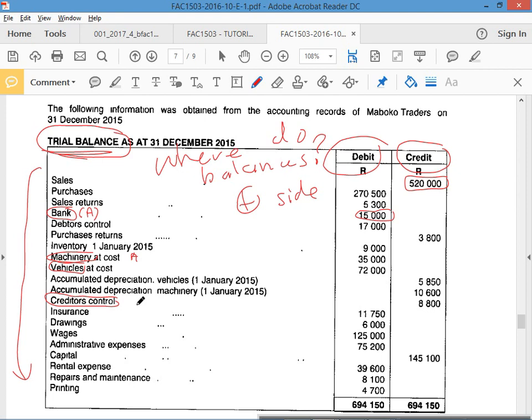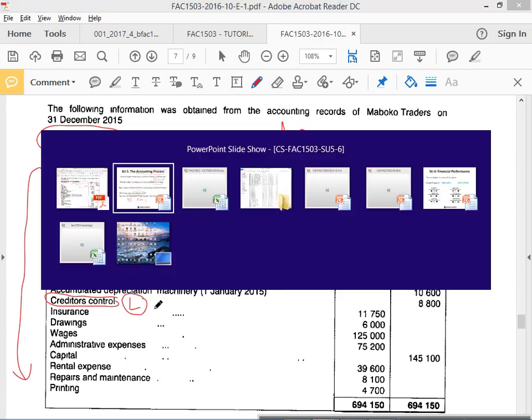A creditor is who? Yes, it's someone you owe. Okay, if I buy something from someone and don't pay, they're my creditor. A creditor is an obligation. Okay, so creditor is a liability. A liability has a plus on which side?